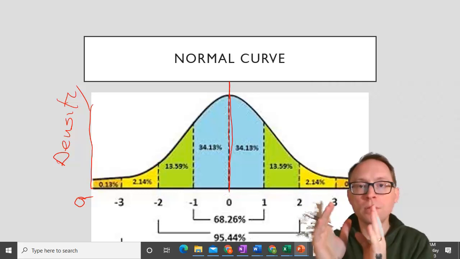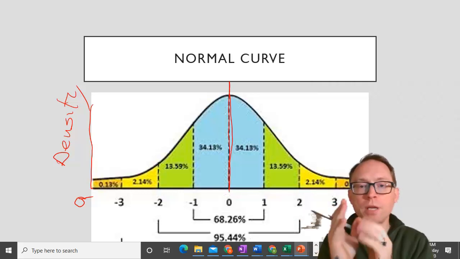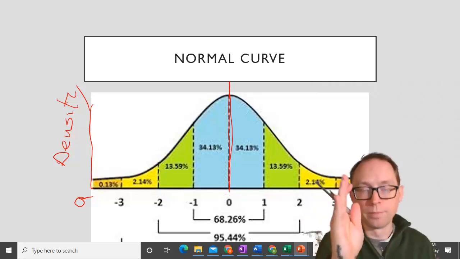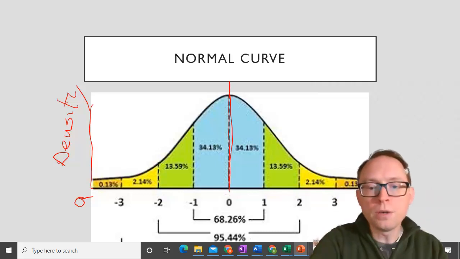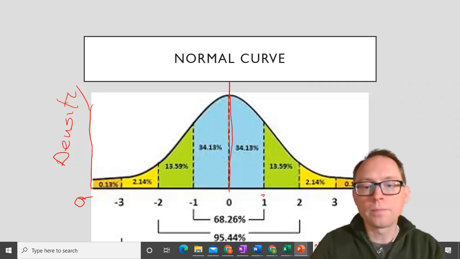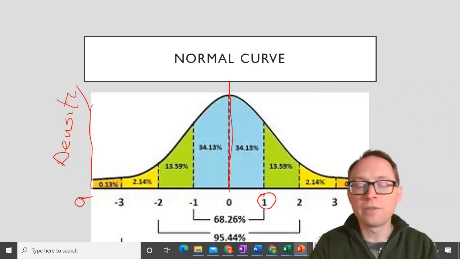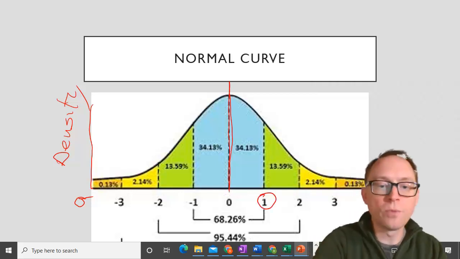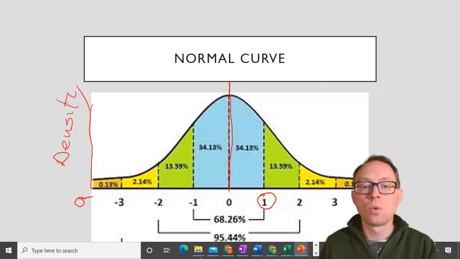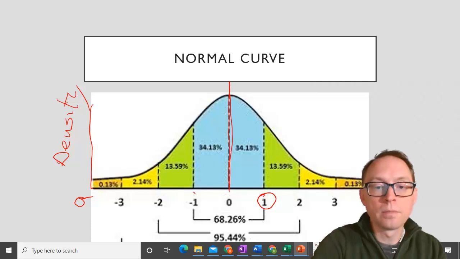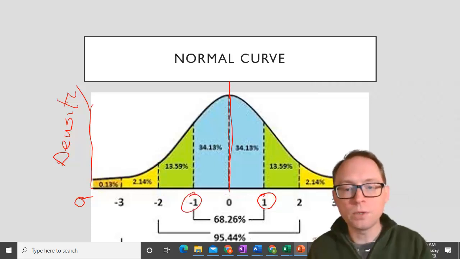We also know that 34.13% are between the mean and one standard deviation below the mean. So when you see 1 right here, that is one standard deviation above the mean. And you see -1, negative just means below the mean. So in this case, that is one standard deviation below the mean, right there.